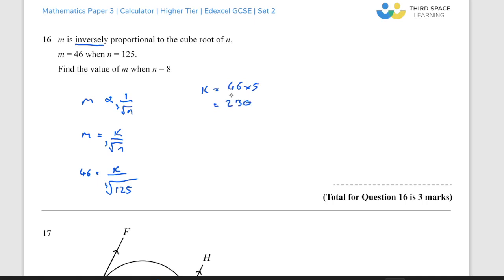So my actual equation is m is equal to 230 divided by the cube root of n. And then we're told to find the value of m when n is equal to 8. The cube root of 8 is equal to 2. So 230 divided by 2 gives me 115. We've got no units here, it's 115.